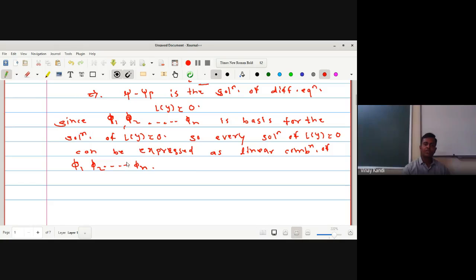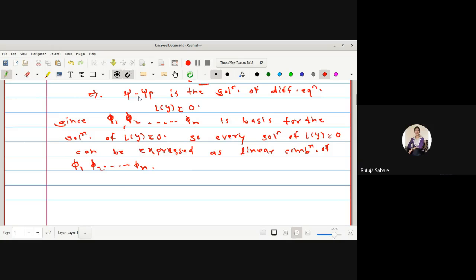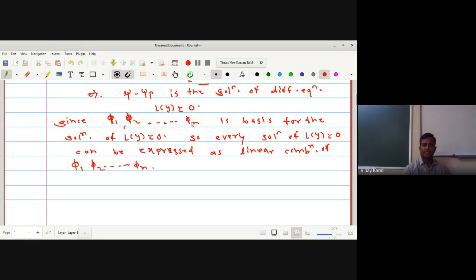Okay, any doubt up to here? This is the basis of our solution space of L of y is equal to 0.